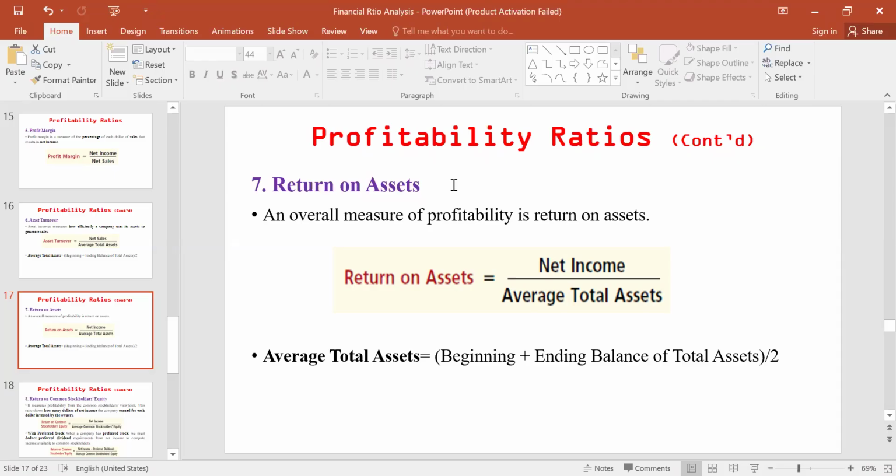Average total assets is also the same, beginning plus ending balance of total assets divided by 2. And net income you will get easily from your income statement. So this is a very fantastic tool and technique to find out the profitability ratio, ROA, that means return on assets.